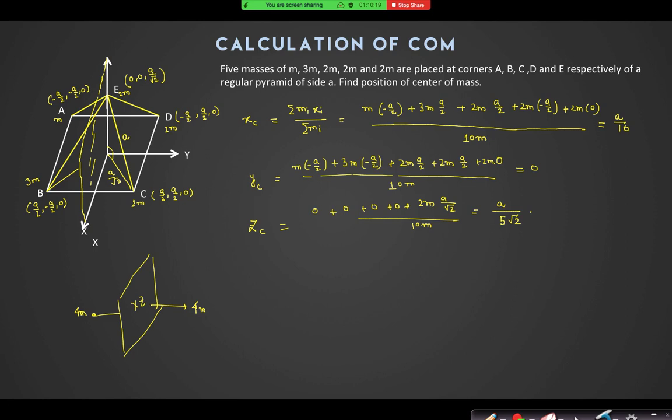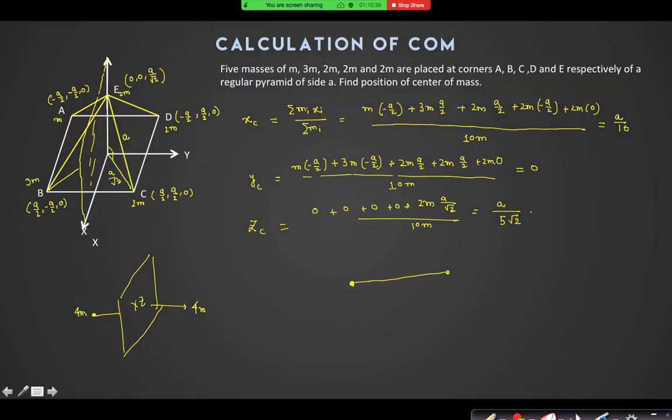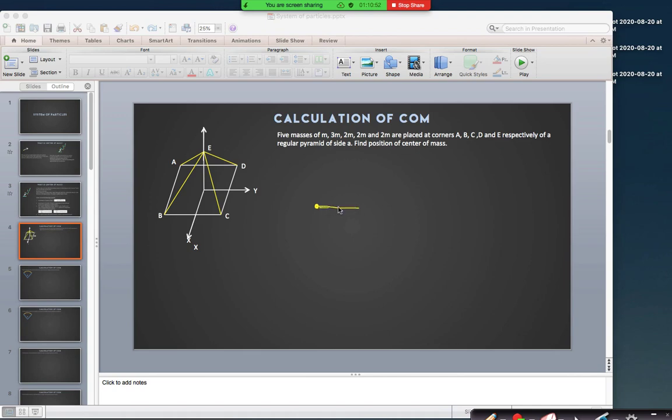And you should remember also one thing, that center of mass always divides the line joining 2 points in their inverse ratio. For example, suppose there is one point mass here and another point mass here.